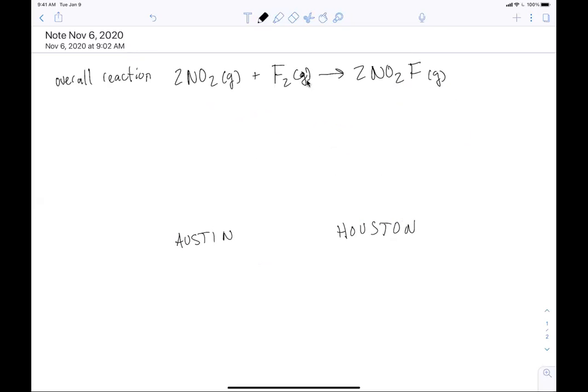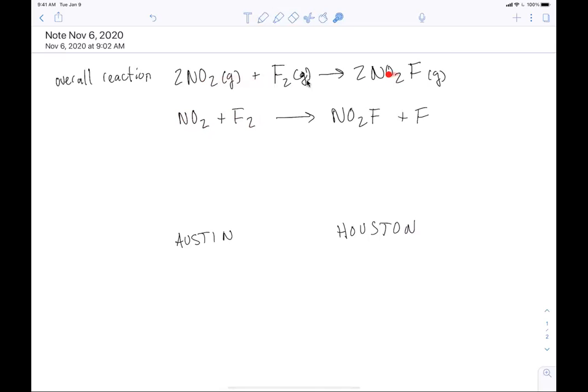And so for this one, it happens in 2 steps. In the first step, one of these NO2 molecules combines with F2, which is kind of what we see happening here.